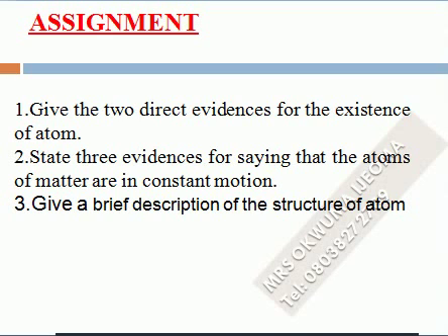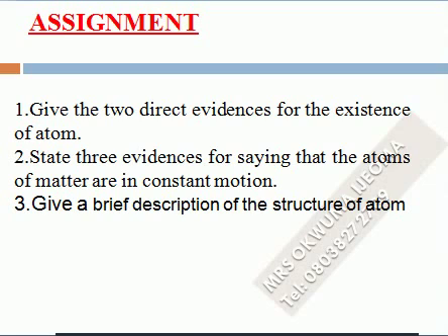We saw both the direct and the indirect evidence. From the evidence we equally saw that these particles are always in a constant state of what? Motion. Now we equally saw the simple structure of an atom, where we said the atom consists of two parts. What are they? We say we have the nucleus and the what? Electrons. We have explained all that.